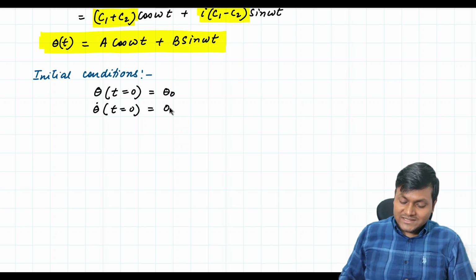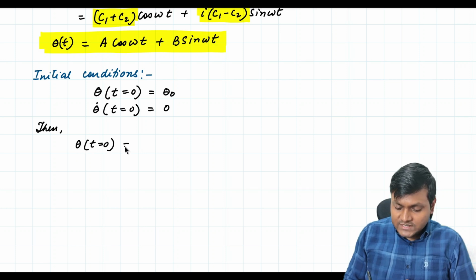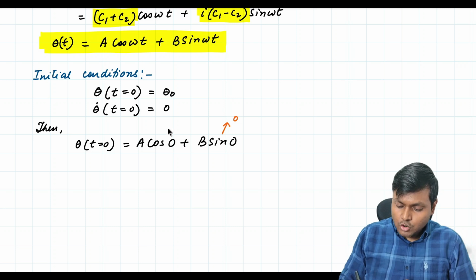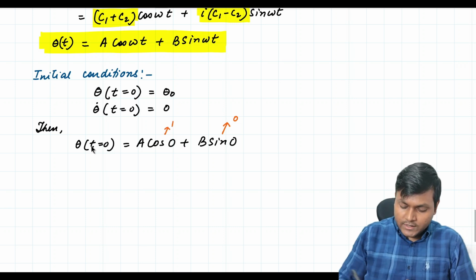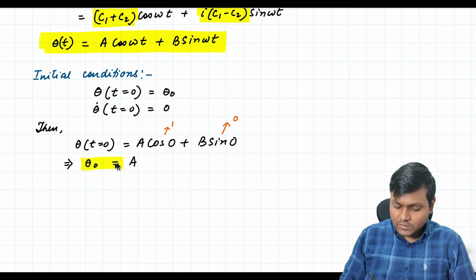Now what should this give us? So theta at time t is equal to 0 is nothing but A cos 0 plus B sine 0. Now you may already know that sine 0 is nothing but 0, while cos 0 is equal to 1. And theta at time t is equal to 0 is theta naught. So theta naught is nothing but A.